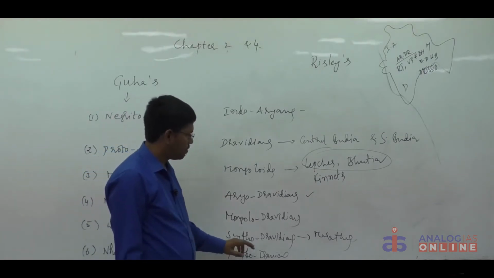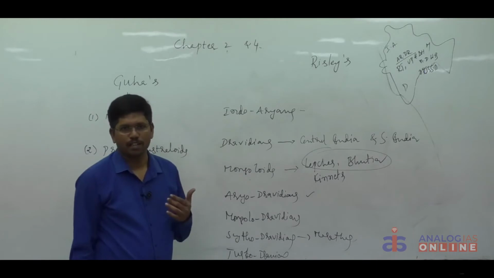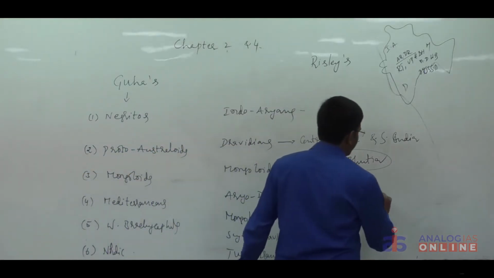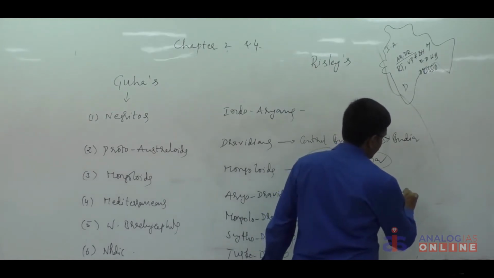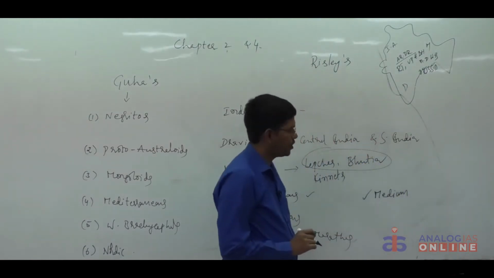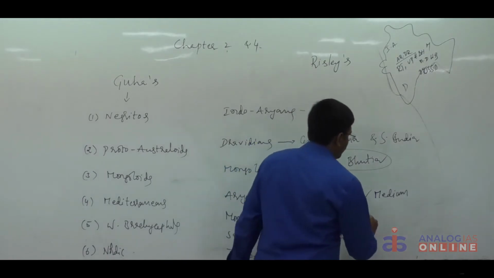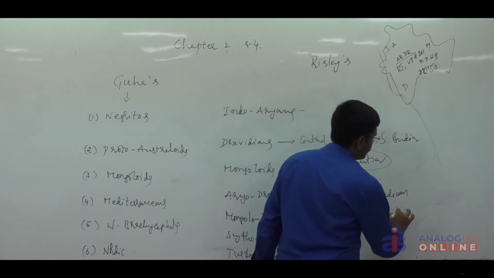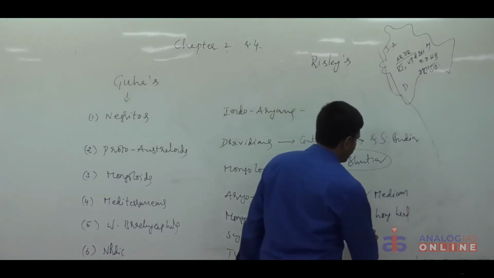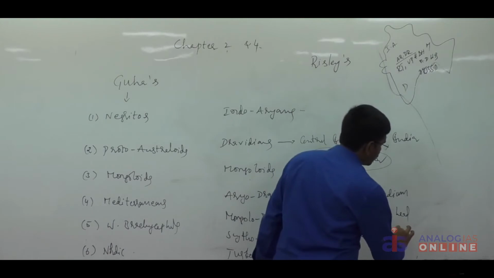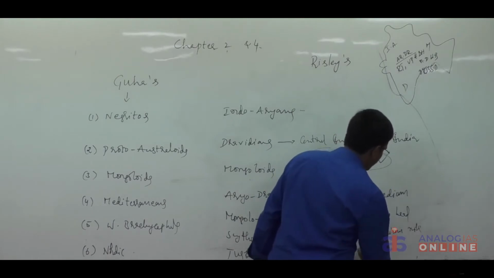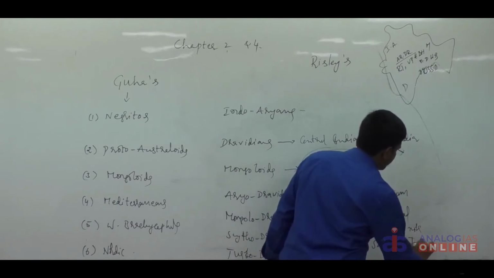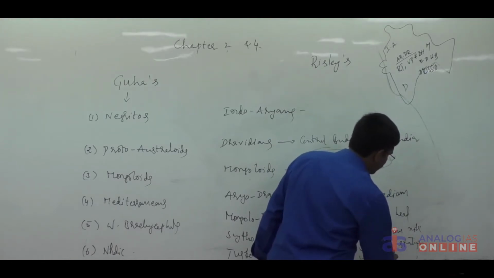Now, with respect to Scytho-Dravidians, if you remember the physical characteristics of Shivaji, you can write the characteristics. They have medium to short stature. Then long head, medium nose, short stature, and abundant hair over the body.